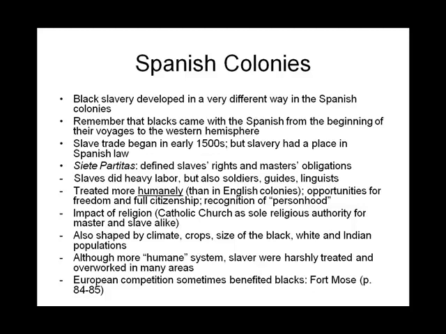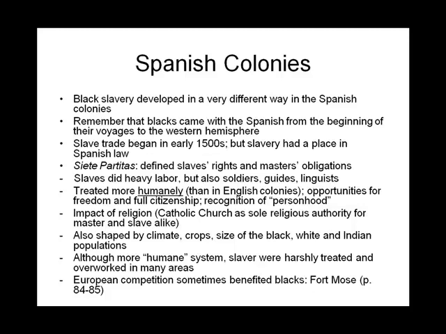Part of this difference in the Spanish colonies has to do with religion, in that the Catholic Church is the sole religious authority for both the master and the slave. Whereas in the English colonies, you've got a variety of religious traditions that tend to recognize not the religious authority of one central church, but the religious authority of many different religious institutions, in different ways.